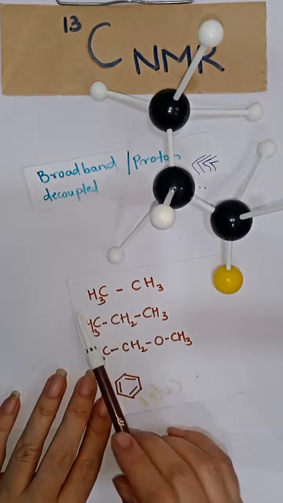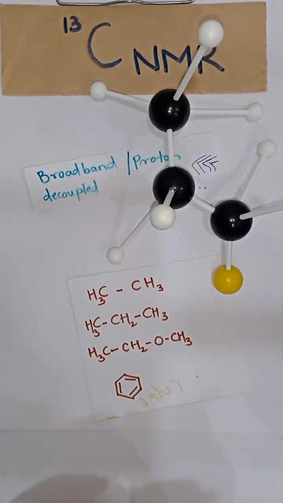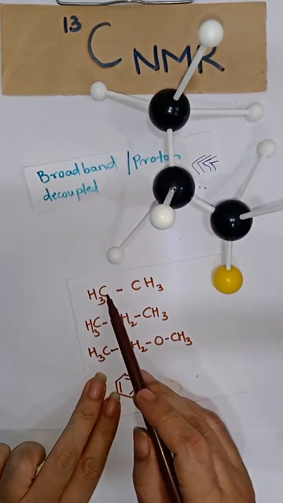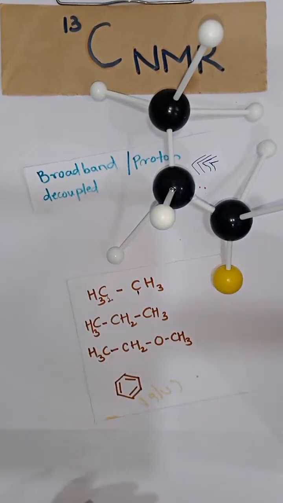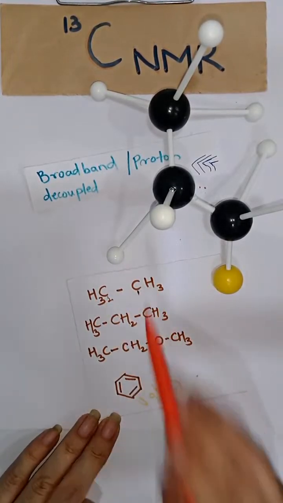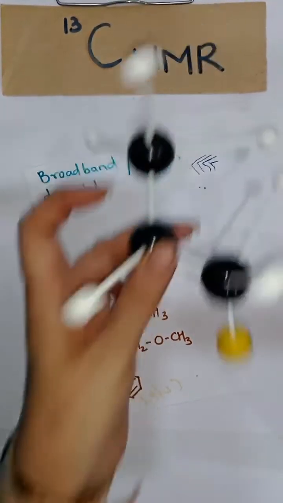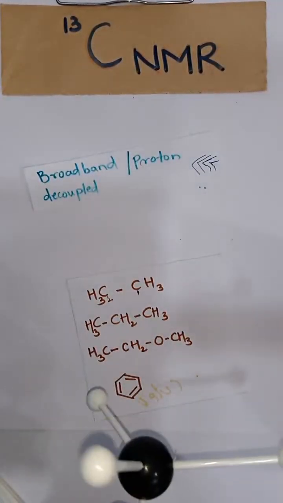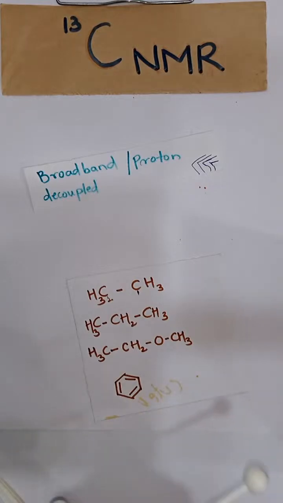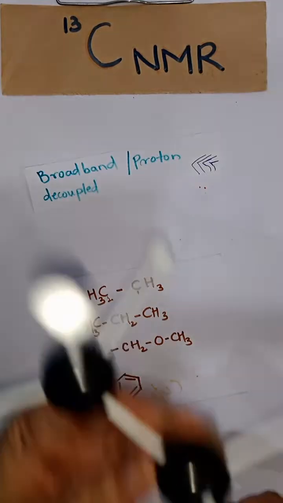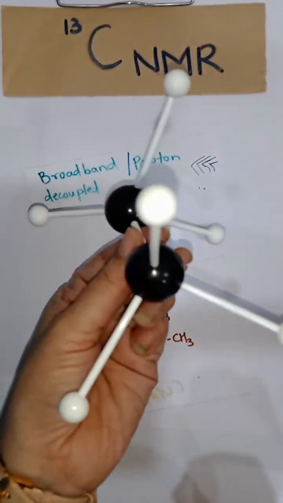For example, this is ethane. In ethane, you can see carbon 1 and carbon 2. Both the carbons have 3 hydrogens.